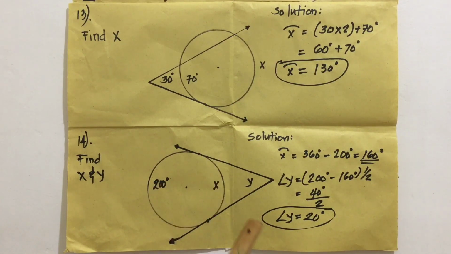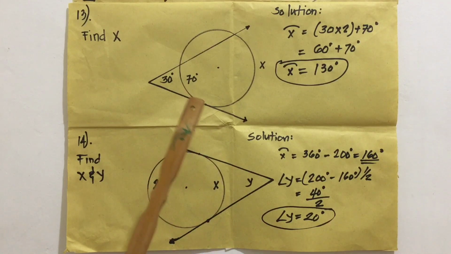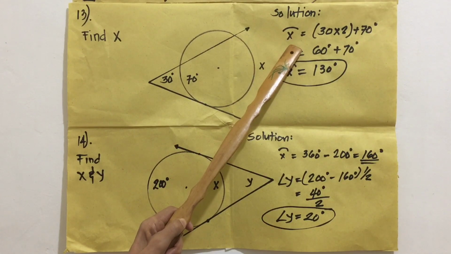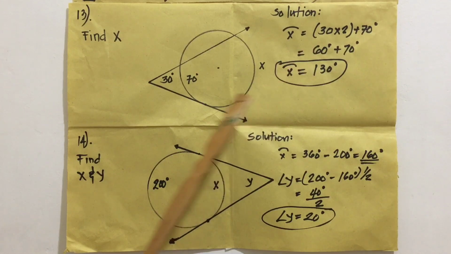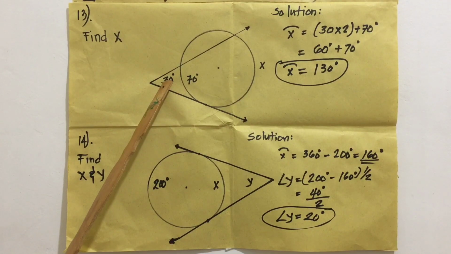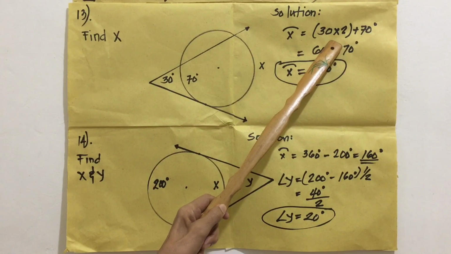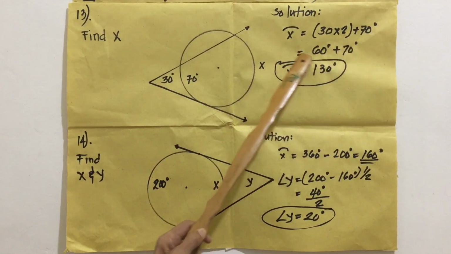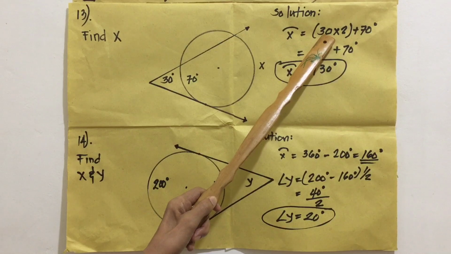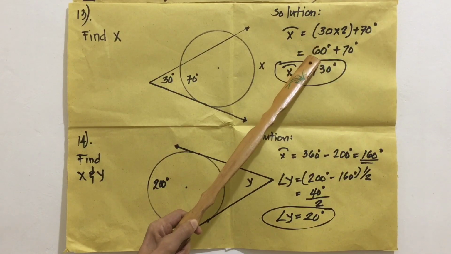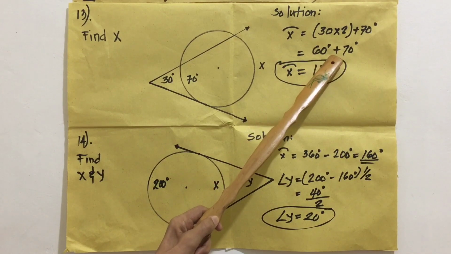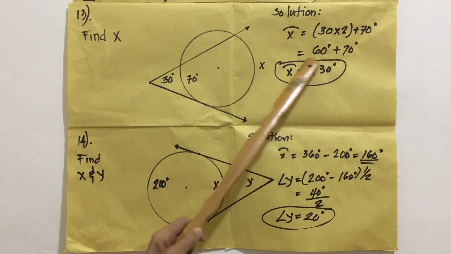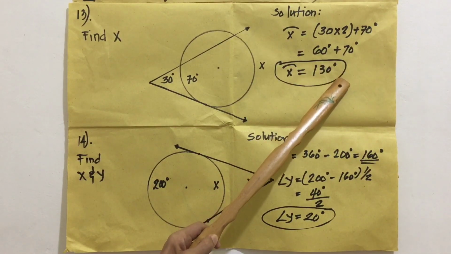Our solution is intercepted arc equals we multiply this angle 30 times 2, then plus the arc 70 degrees. Simplifying 30 times 2, we have 60 degrees plus 70 equals 130 degrees.